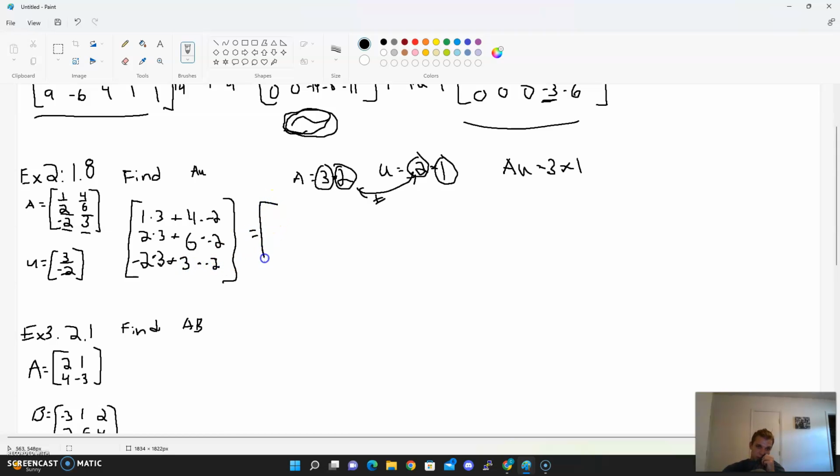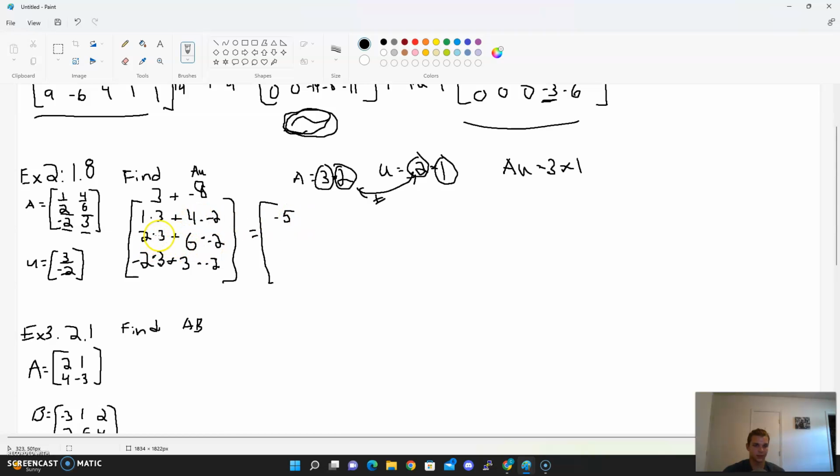So in order to reduce this down to the actual answer, we just solve these simple equations. So 1 times 3 is 3. 3 plus negative 8. 4 times negative 2 is negative 8. So 3 plus negative 8 is negative 5. The same for this.